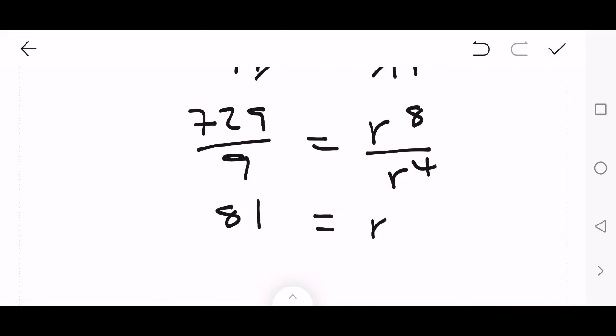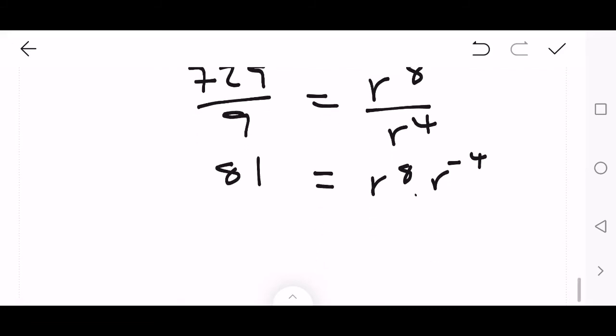So now we can bring this r to the top, and when we bring r to the top of the division line, the sign of the power will change. So we have r to the power 8 multiplied by r to the power minus 4. When you bring a variable to the top of the division line, its power changes sign.